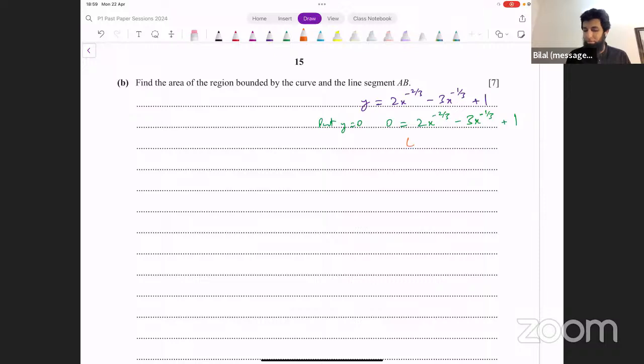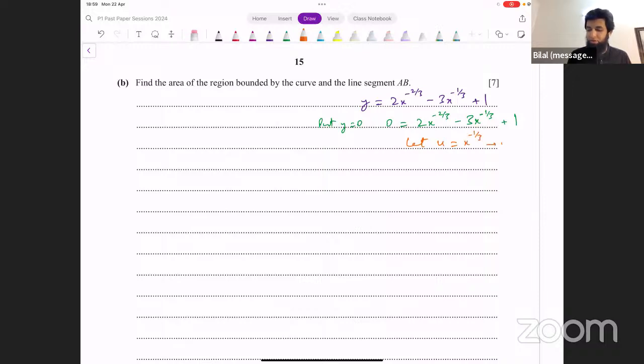If this is 2, this is 1. Whatever is the smaller power in terms of magnitude, you can say that is u. Let u equal x power minus 1 over 3.